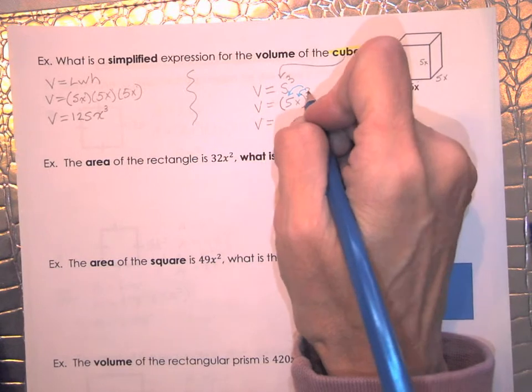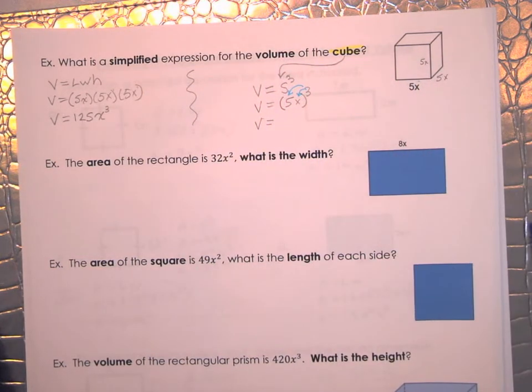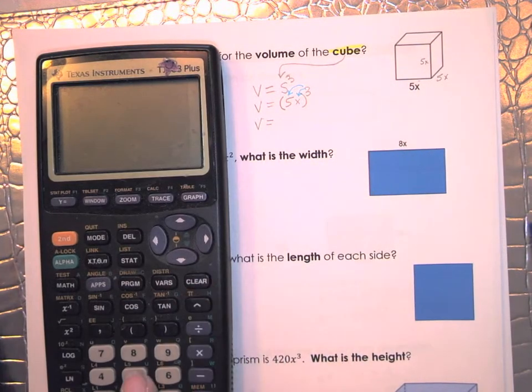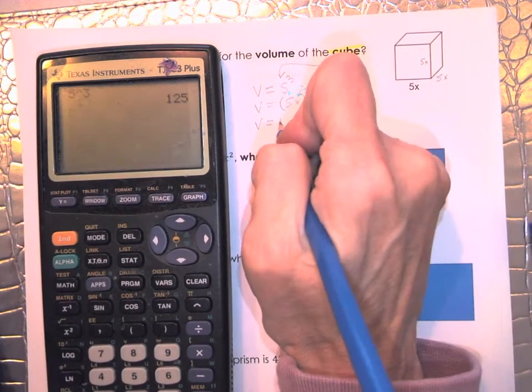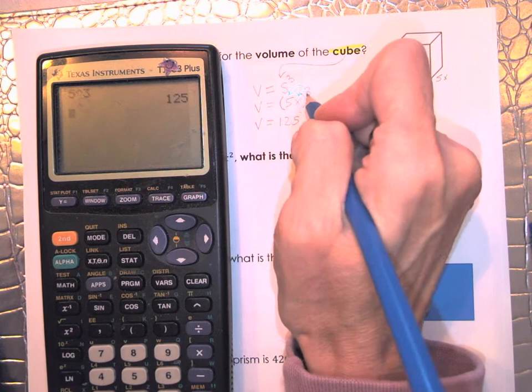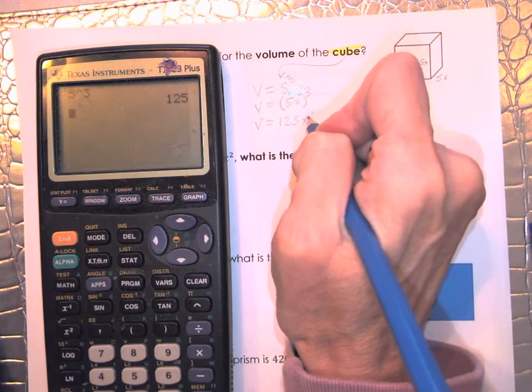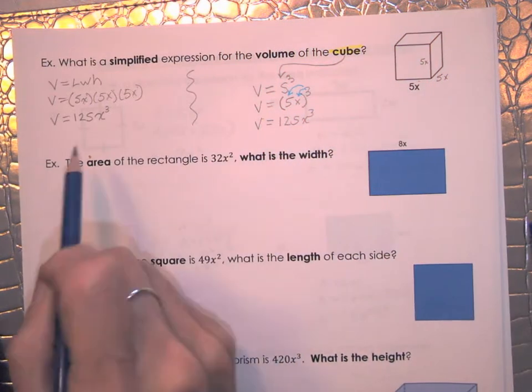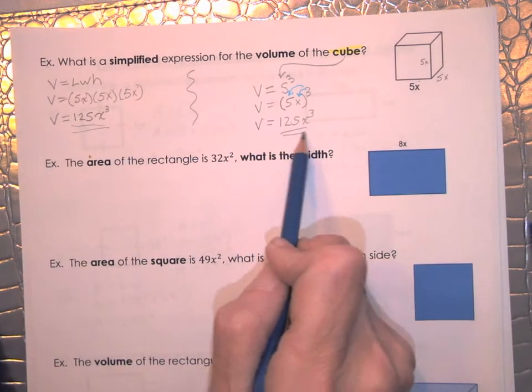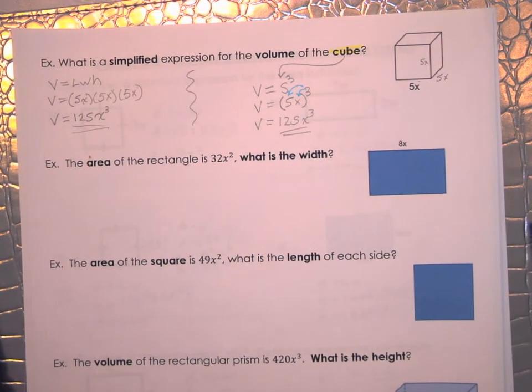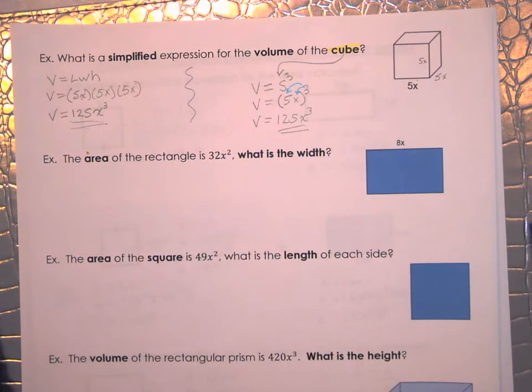So 5 to the power of 3, I can do that on my calculator. 5 to the power of 3 is 125. x to the power of 3 I write as x cubed. So again, I got the same answer, 2 different ways. And I can use this formula of side cubed for a cube.